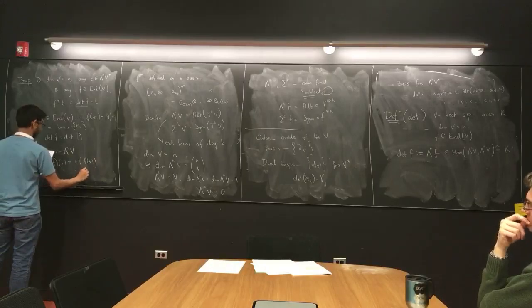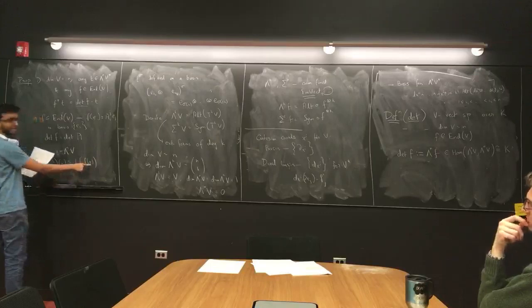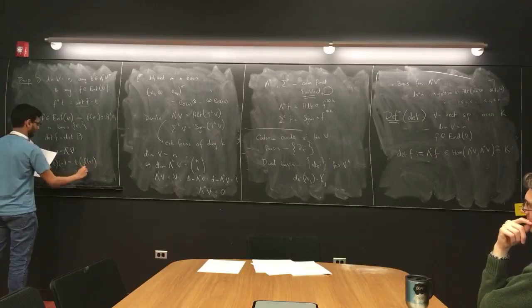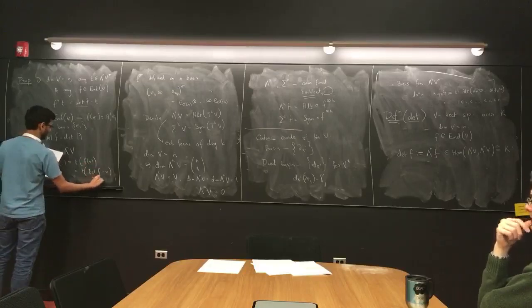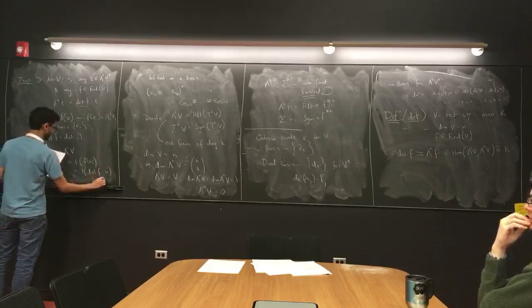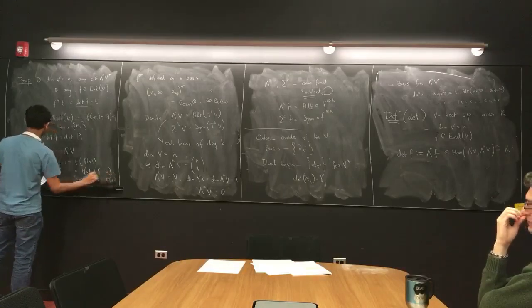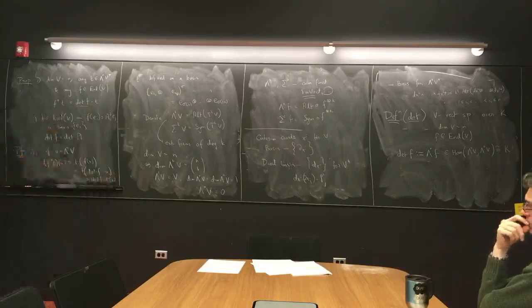Because v is a top vector, f of v is by definition determinant of f acting on v, which is determinant of f times t acting on v. So f star t is always determinant of f times t.